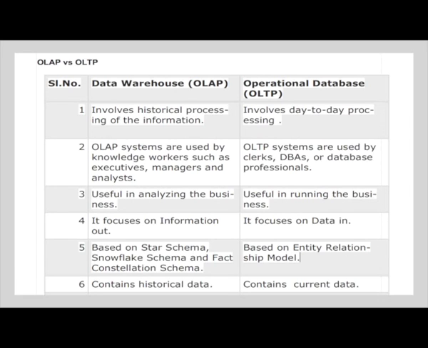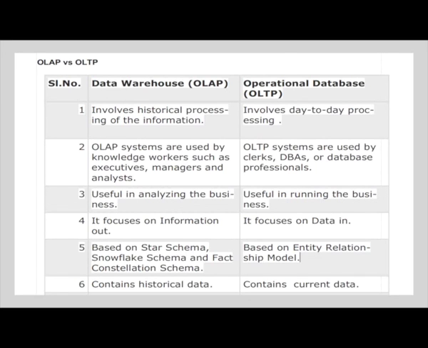OLTP systems are used by clerks, DBAs or database professionals. OLAP is useful in analyzing the business, whereas OLTP is useful in running the business. The next difference is OLAP focuses on information out, whereas OLTP focuses on data in.